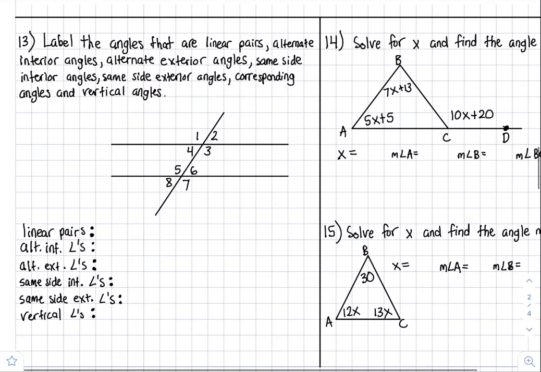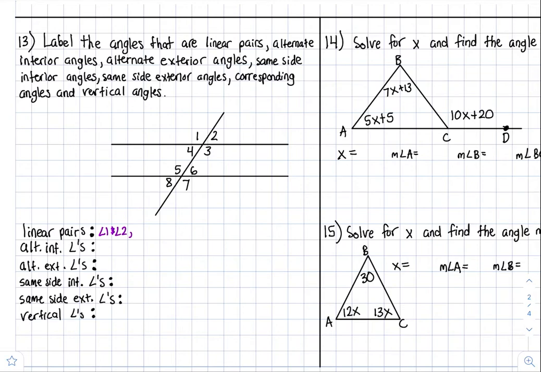For linear pair, this is what a linear pair looks like, and I see so many options for those. Angle 1 and angle 2 are linear pairs. Remember, linear pairs share a common vertex and side, and they are supplementary, which means they add up to 180.